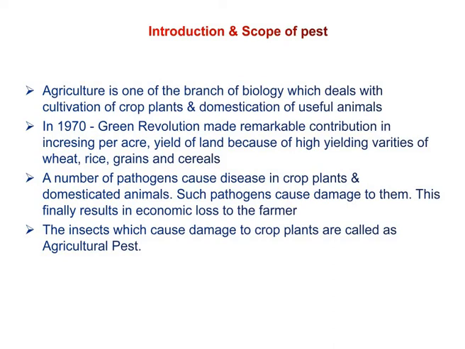Now, in order to achieve 3 million tons of food grains by 2005 AD, insect pest control has become an important part of cultivation. Cultivation of a large number of the same type of plants in vast areas provided readily available hosts to pests and parasites, which can survive and attack the plants very easily.